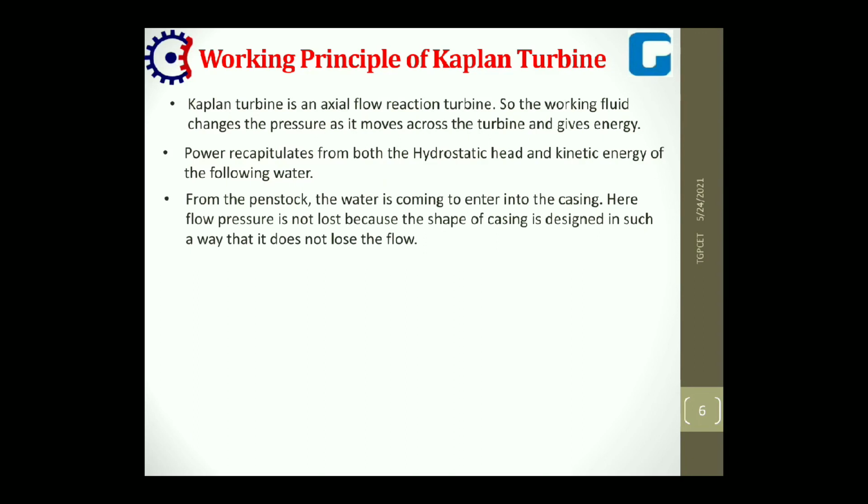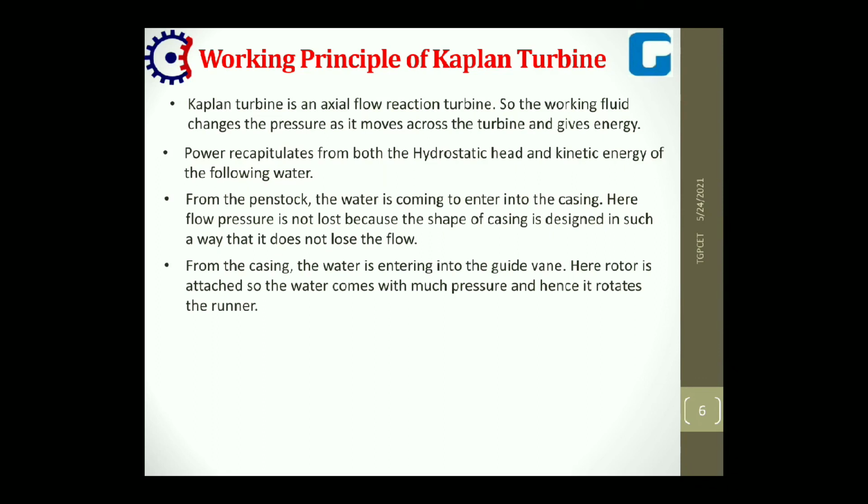From the penstock the water enters the casing. Here flow pressure is not lost, because the shape of the casing is designed in such a way that it does not lose the flow.